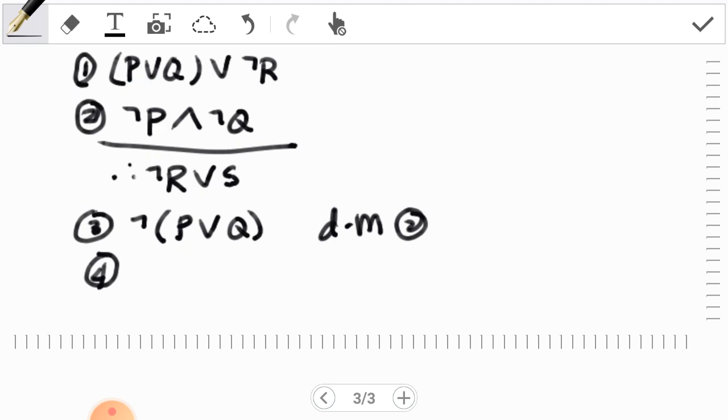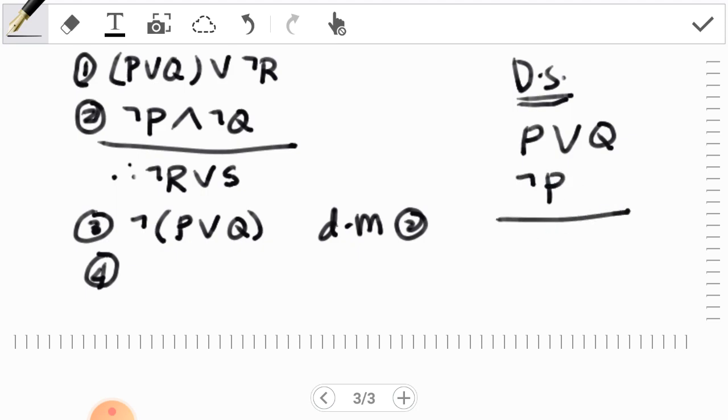So what can we now use? Since this is an OR, we can use our disjunctive syllogism. If you will recall your disjunctive syllogism, you recall, it's given by P or Q, not P, therefore Q. That's the disjunctive syllogism.